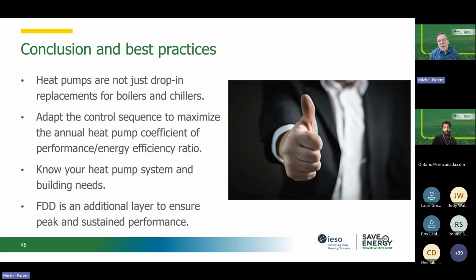And usually, depending on how much ventilation you have, it could be the largest heat loss parameter of the whole building for a lot of buildings. So anything you can do at a low cost to reduce glazing losses would be huge for allowing your heat pump to work more, to provide you more of your percentage of heating.